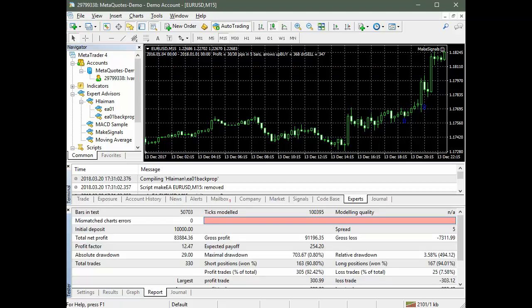As you can see from the report, the result is now 92.42% of profitable transactions instead of the previously obtained 70%.